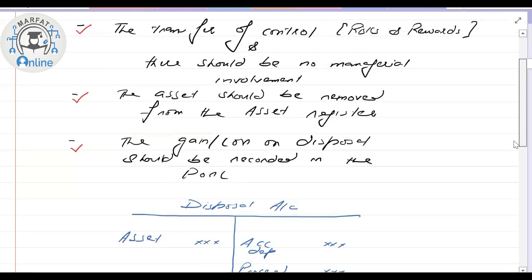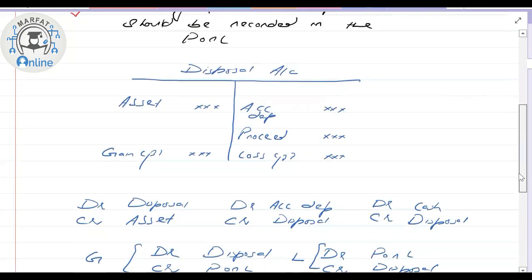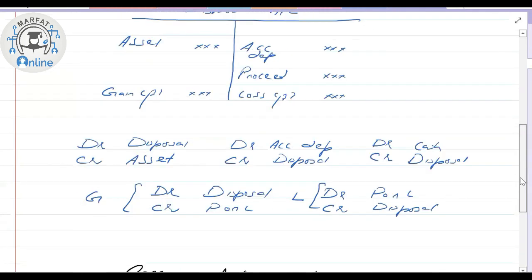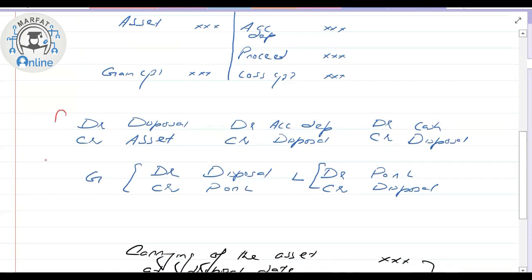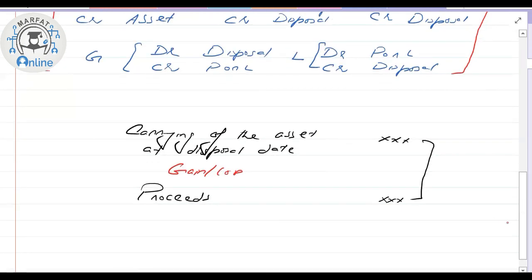The entity makes the disposal account for calculating the gain or loss, and these are the journal entries which are depicted in the ledger. And whenever they want to calculate the gain or loss, simply what they're going to do is calculate the carrying value of the asset at disposal date and compare it with the proceeds, which gives them the gain or loss.